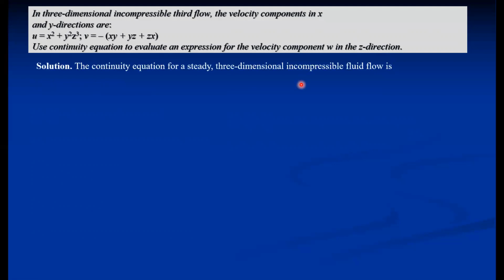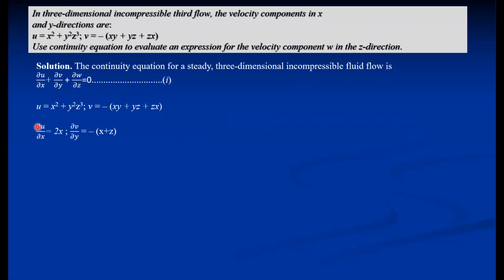So according to the continuity equation for steady flow, ∂u/∂x plus ∂v/∂y plus ∂w/∂z is equal to 0. From the given statement, this equation is valid. Now only u and v components are given, so we differentiate u with respect to x.